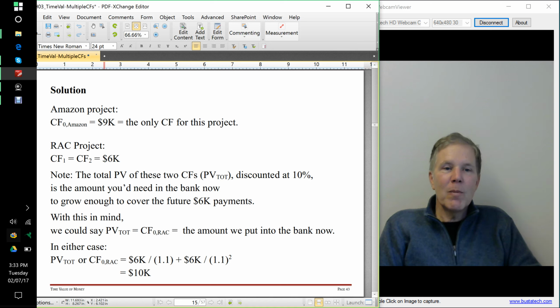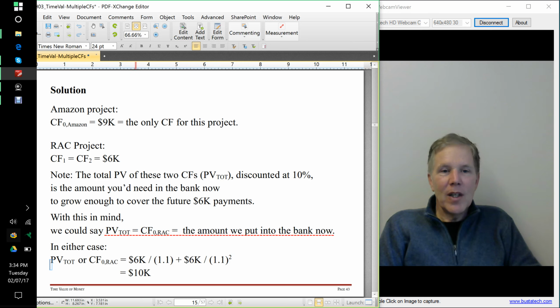So formally we could say that for the Rent-A-Center project, PV tote equals CF0 comma rack for Rent-A-Center, the amount we would put into the bank now, and that's going to grow at 6%. And in either case, whether we're saying PV tote or CF0 comma rack, what is that PV tote equal to?